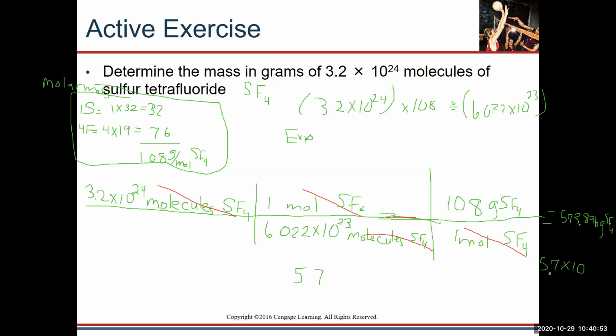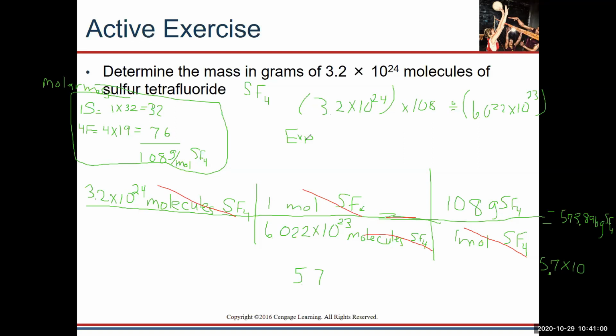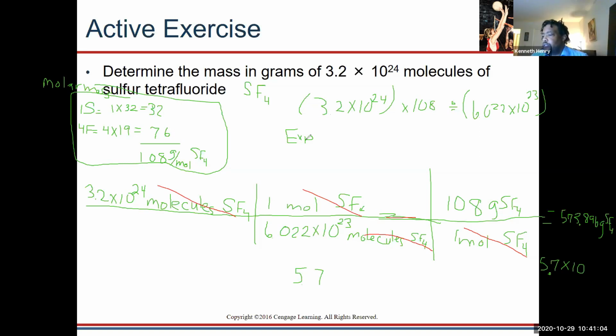No, I don't think so. Okay, do me a favor, send me in the chat the type of calculator you have, and then I'll take a look at it. Maybe it's in the wrong mode or something.